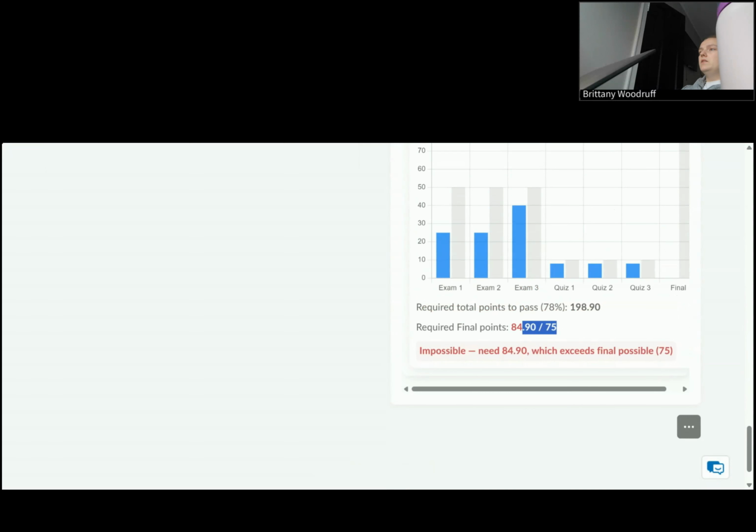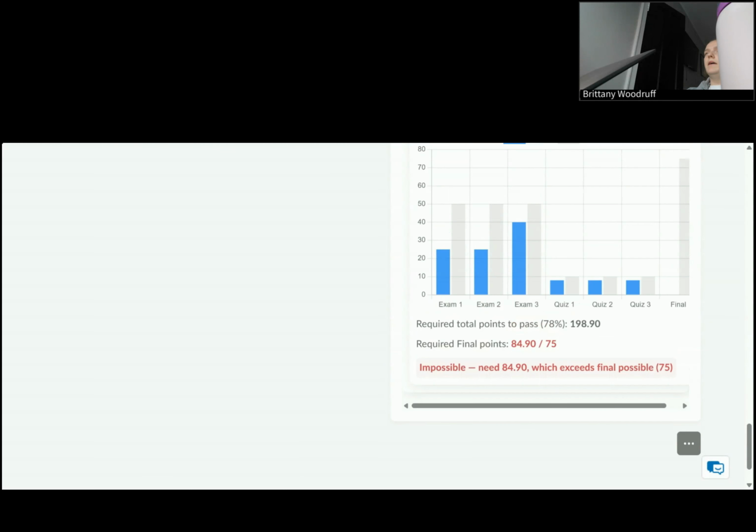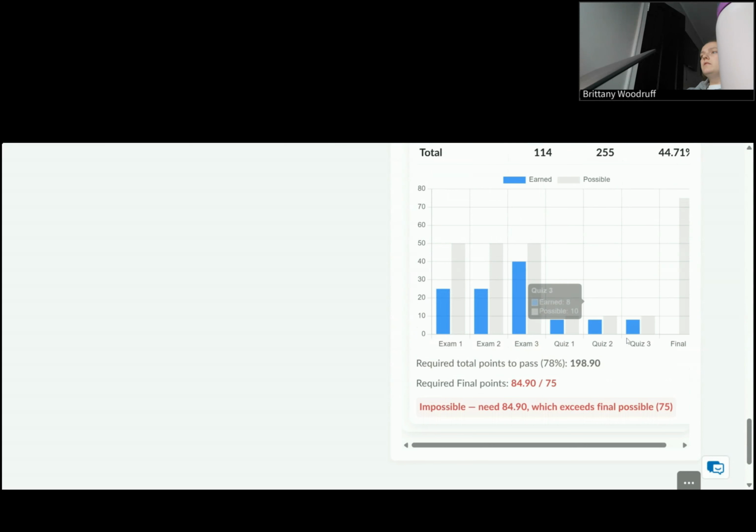It will tell me it is impossible for me to pass the final. So this will give you a good estimate of how you need to score on future exams, what you need to score on exam 3, and how that'll impact what you need to score on your final.